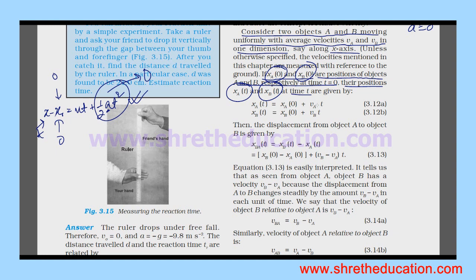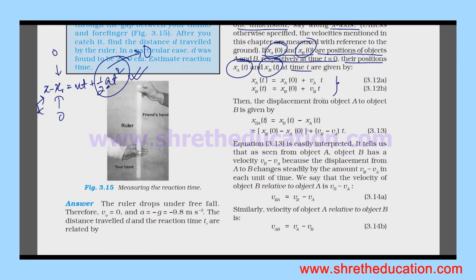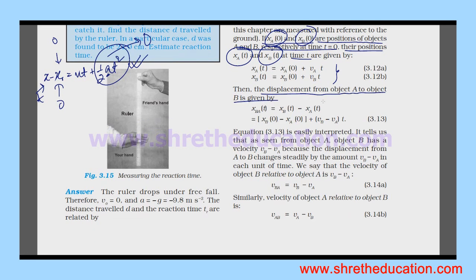The velocity of particle A is VA and of particle B is VB, and the equation of motion is given by the displacement from object A to B, that is XB minus XA, or x2 minus x1.